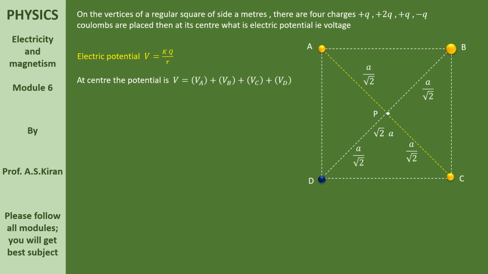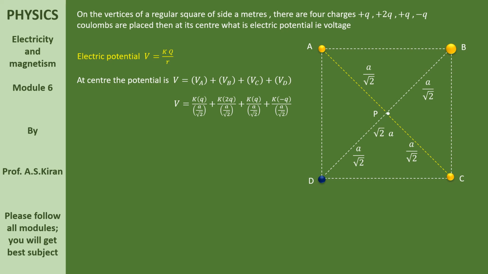Now here at the center, at the point P, the potential is V is equal to VA plus VB plus VC plus VD. Because of all those charges, at P there is potential. Now, we are going to find the net potential following only scalar summation.